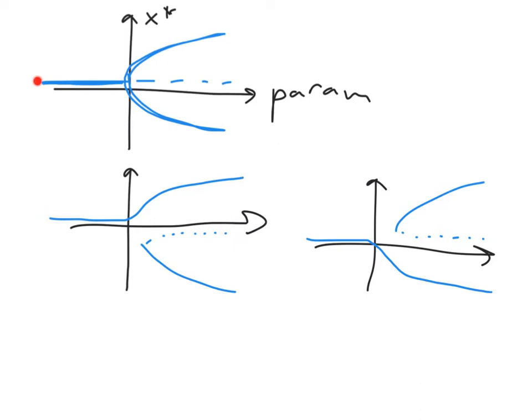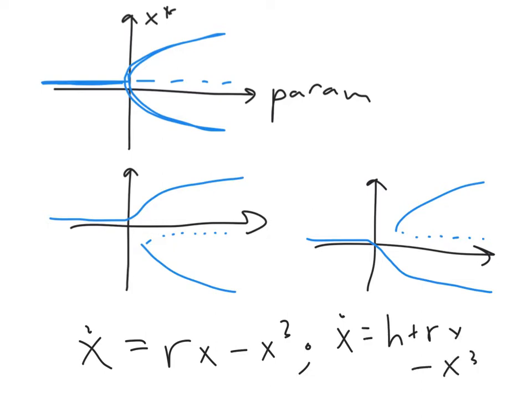So by adding a small second parameter, here's the normal form for a supercritical pitchfork, but if we make it h plus rx minus x cubed, this h is just a small shift in where this line is coming through, and that causes the type of symmetry breaking that we explored earlier. And depending on the sign of h, we can end up with either of these scenarios.